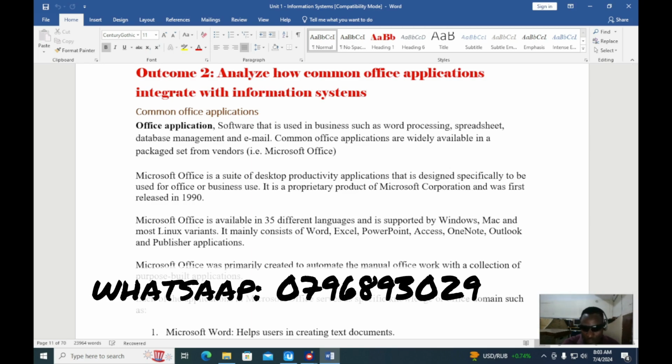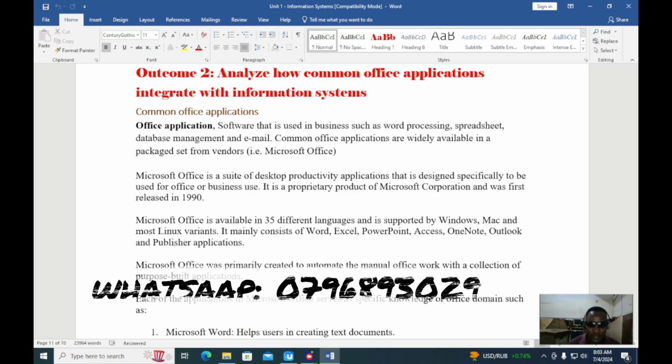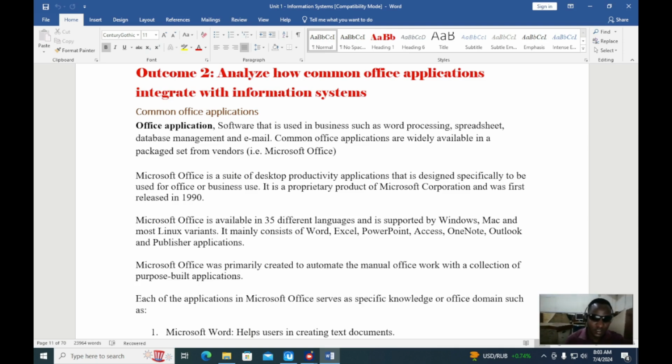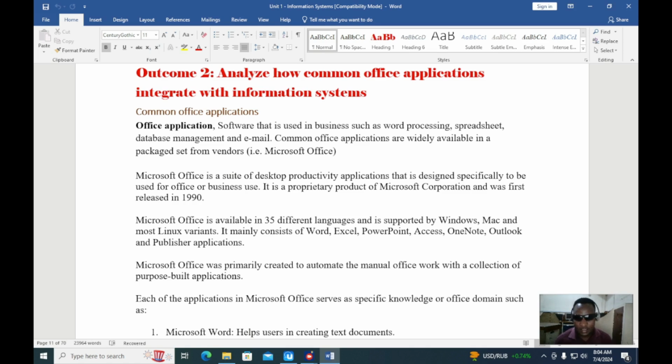So we're going to look at how these office applications work together with information systems. How are they used together with information systems? That is our major area of focus today. How are these office applications used together, integrated, put together with information systems?